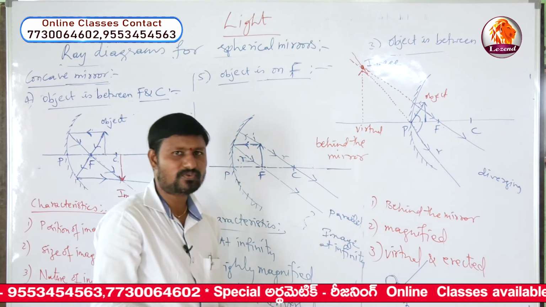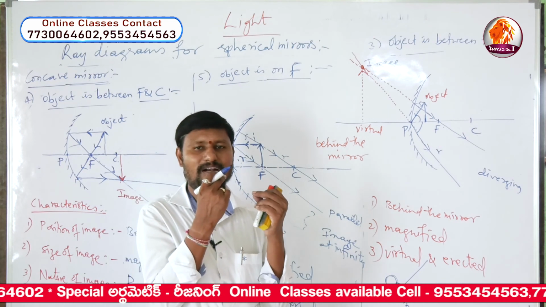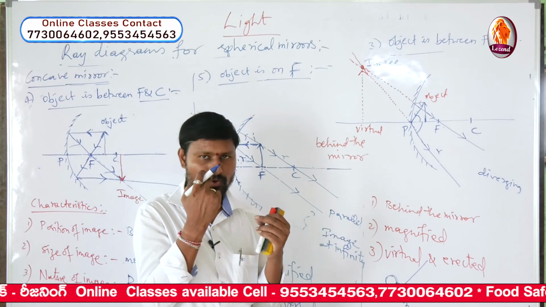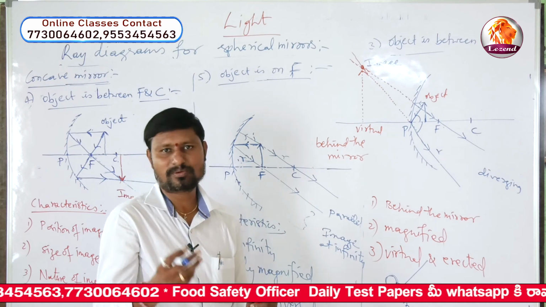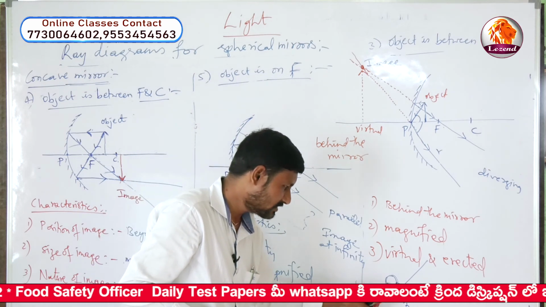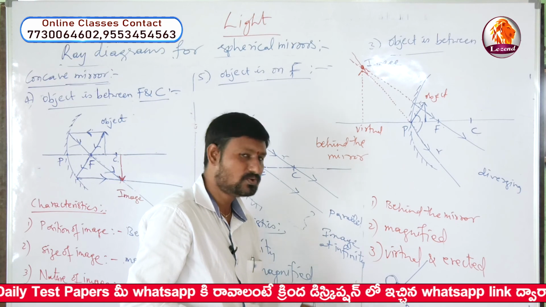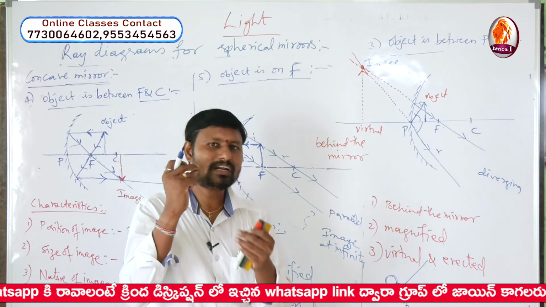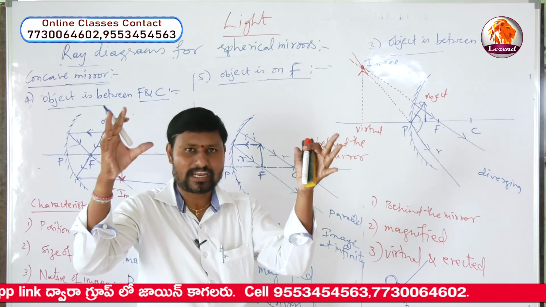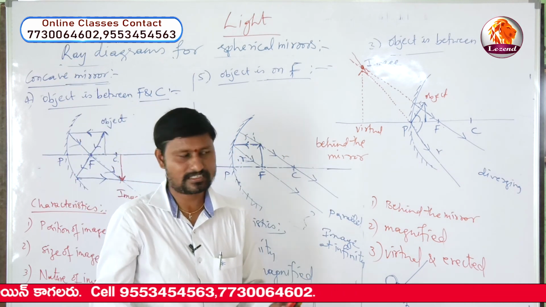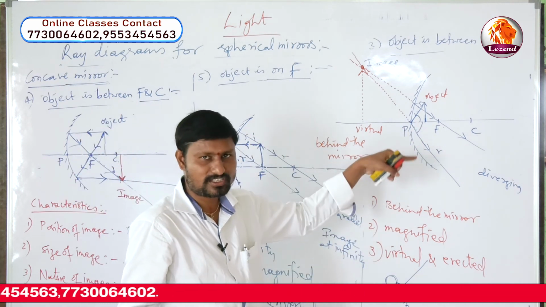This mirror is useful to see the internal parts of your teeth, nose and ears, so that they can diagnose and give you the prescription. It is used to see the smaller organs internally and enlarge them to increase the size. The concave mirror is useful here.